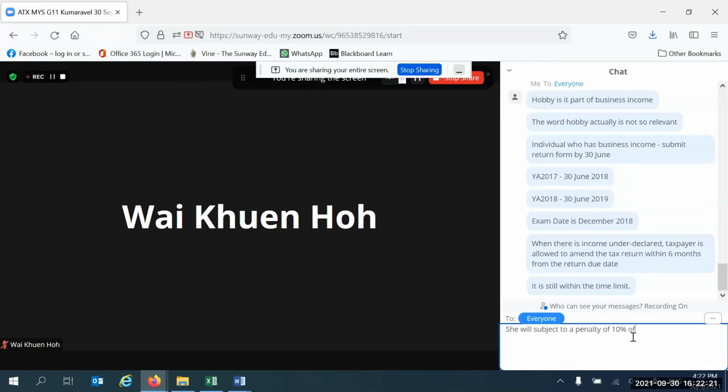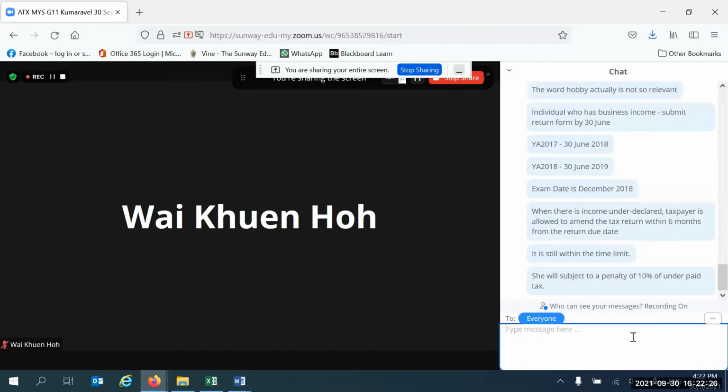Penalty of 10% of underpaid tax. So instead of straight away arguing, oh, she's going to get an under declaration penalty, see what can be done with a lower penalty within the reasonable time.